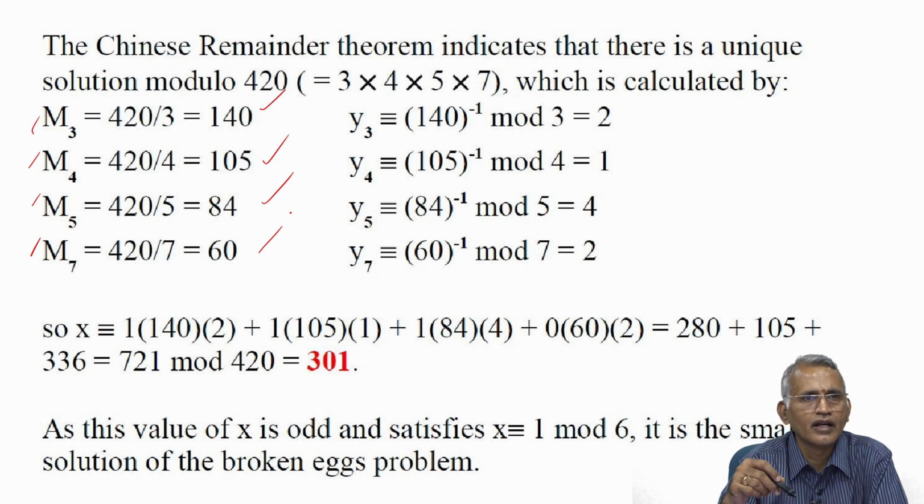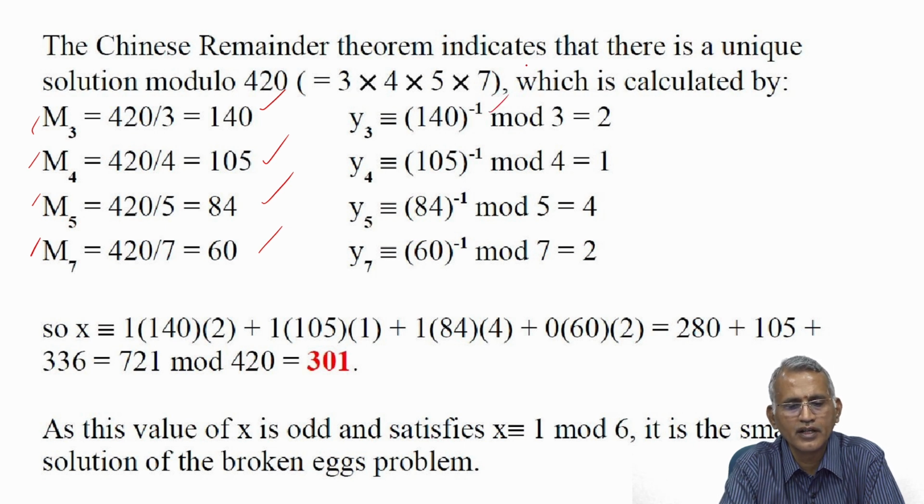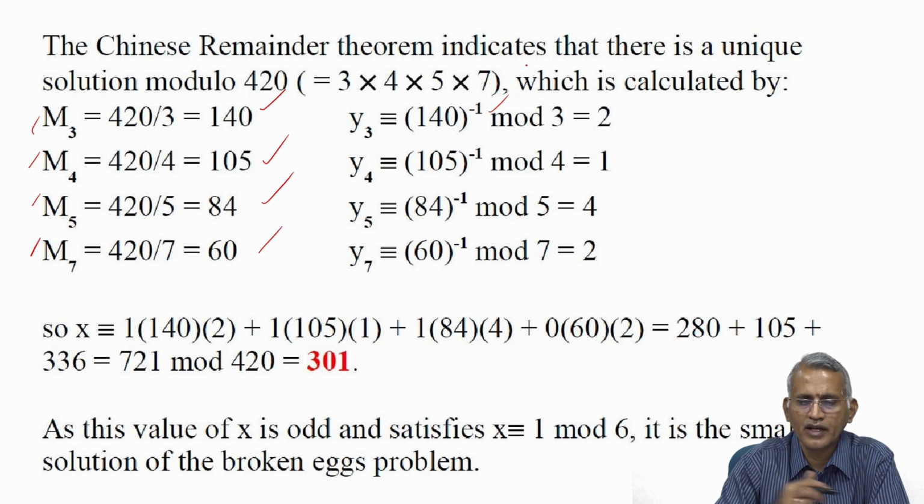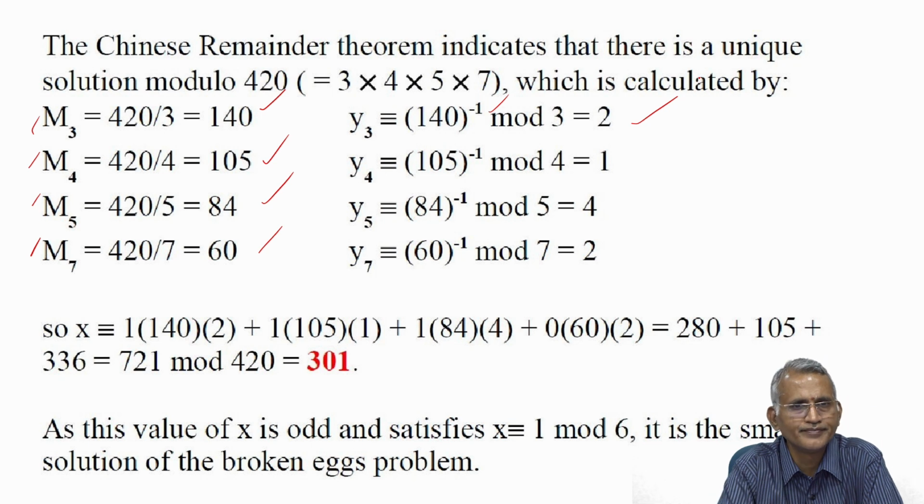So, every time we require the inverse of corresponding M3 is 140, therefore, the inverse of 140 you have to find out under modulo 3. So, we have the value of this one, xy is identically equal to 1 under modulo 3, and then we have 140 into y identically equal to 1 under modulo 3, we have the value is 2.